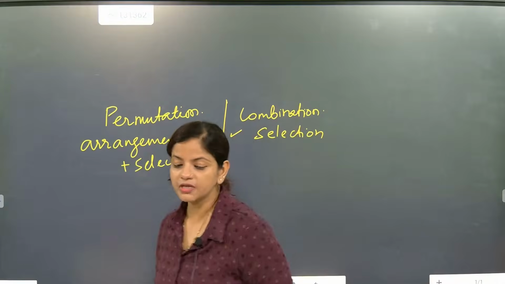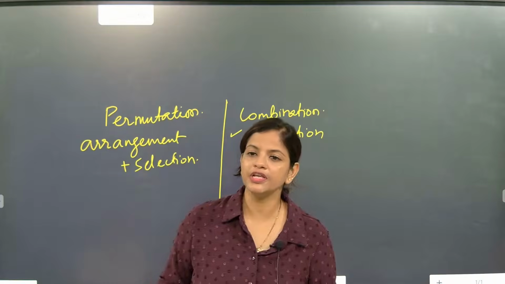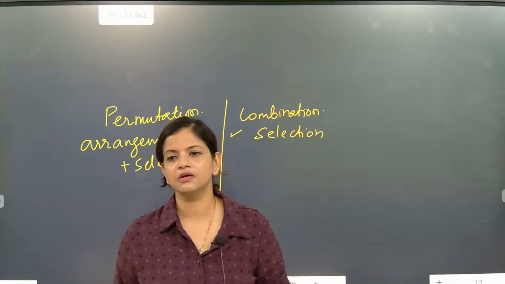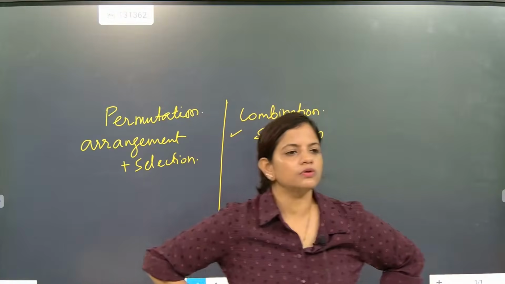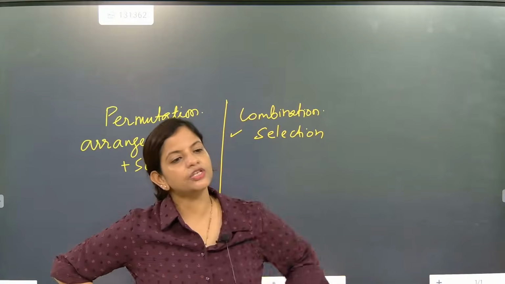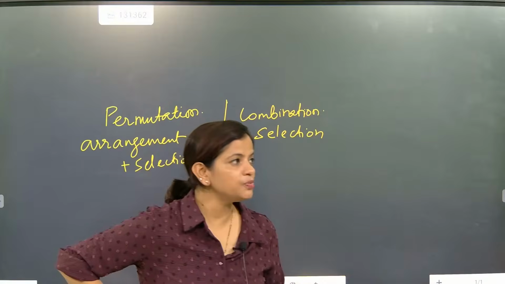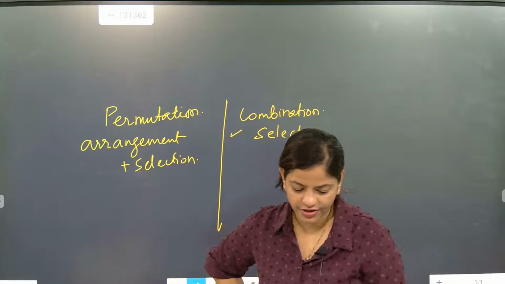What is combination? Combination is only selection. What is permutation? Arrangement and selection. Understood? So that is the basic difference.